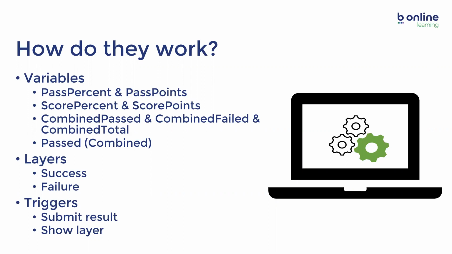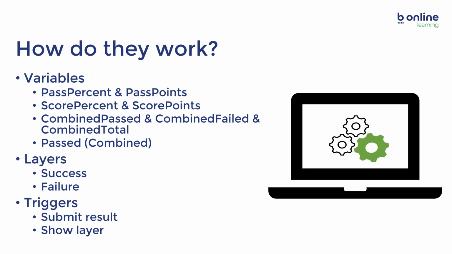And that, instead of being a number variable, is a true and false variable. And quite simply there, if the variable is true, you've passed the course, basically. And that also is used to show layers as well, which we're going to get into in a second.